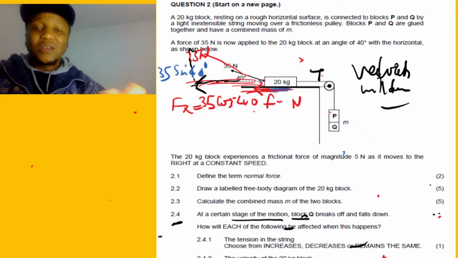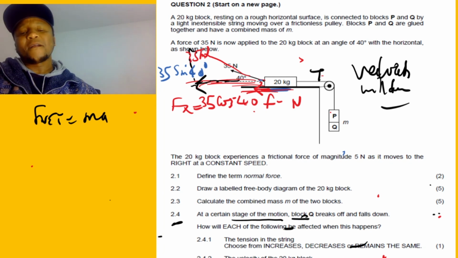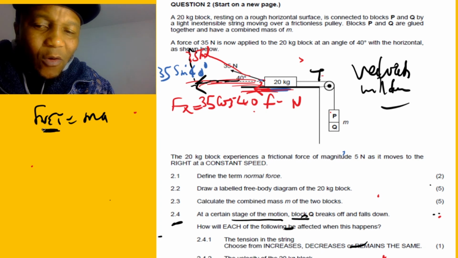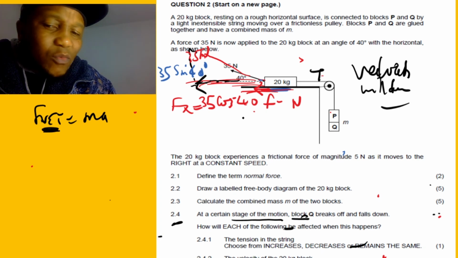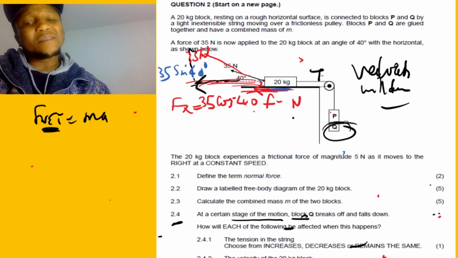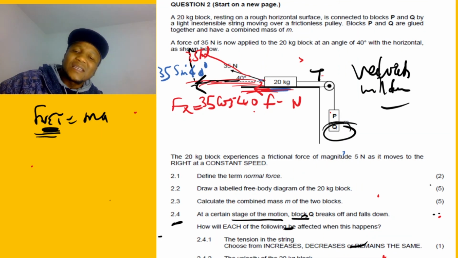How? Because from Newton's second law of motion, F net equals ma. So what is F net? Our F net means the change in force. So if some of the mass is affected, by decreasing, even the net force or resultant force is going to decrease.